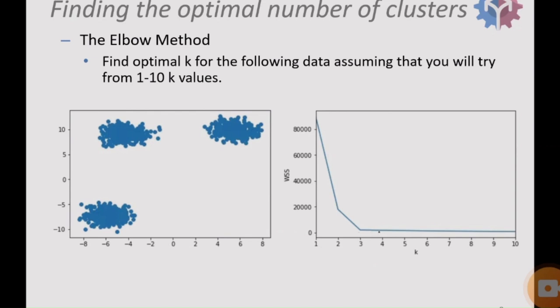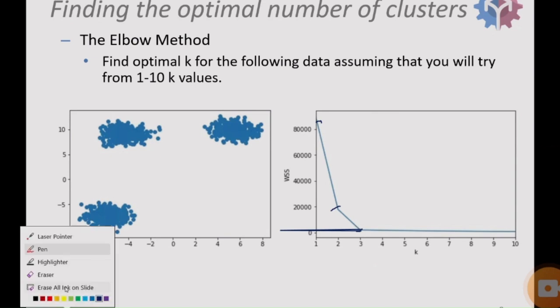As you increase the cluster size, there will be no big change after that. You can see here that after 3, there is no big change. Total error was 8,000, total error was 20,000, total error was maybe 1,000 something, and then it becomes flat, no big change.